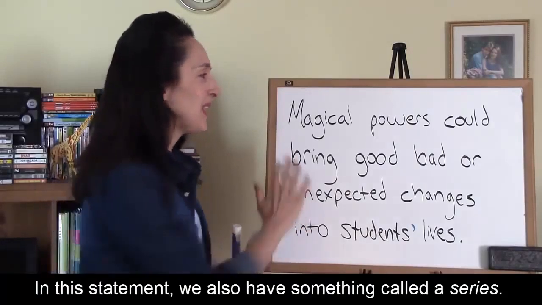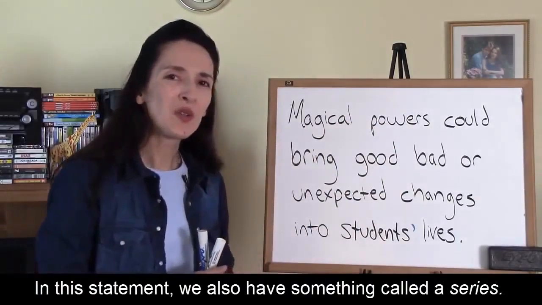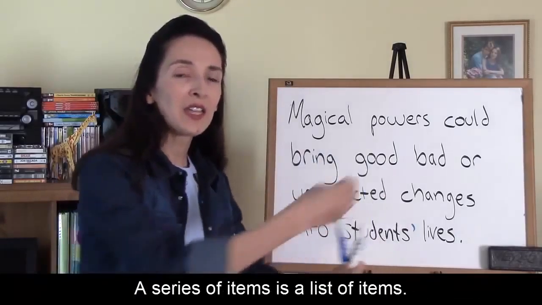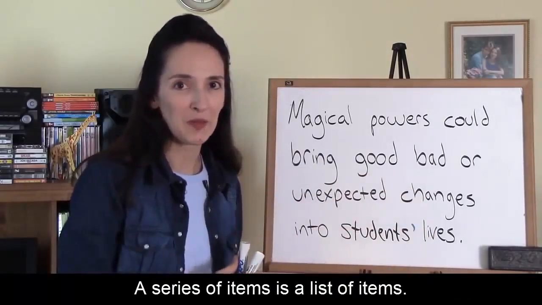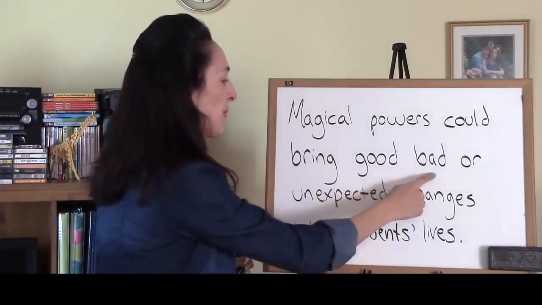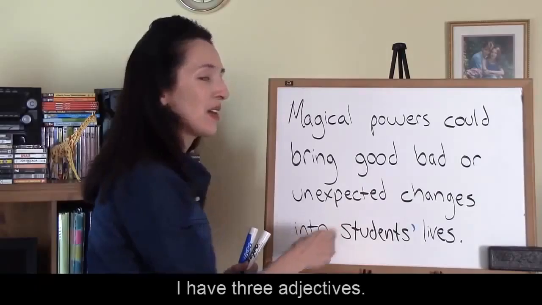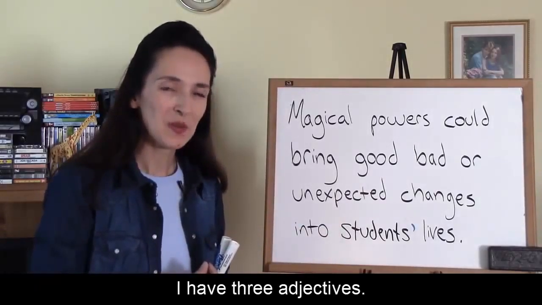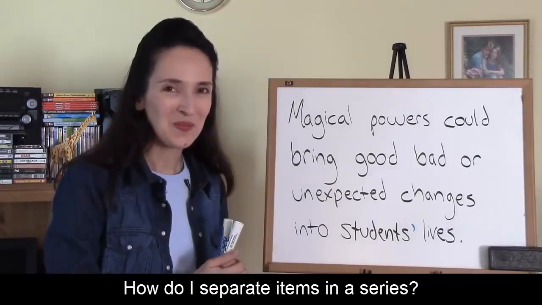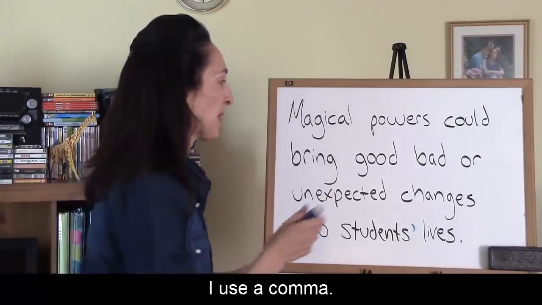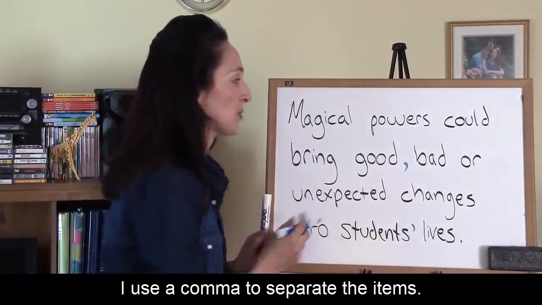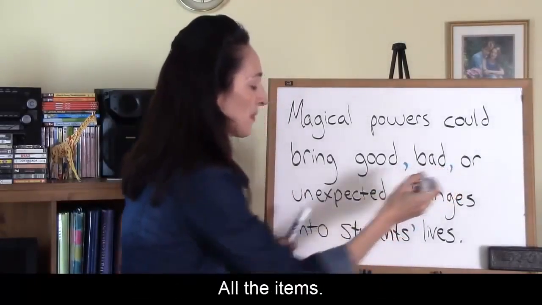Okay? Now, in this statement, we also have something called a series. A series of items is a list of items, more than two. Good, bad, unexpected. I have three adjectives. How do I separate items in a series? I use a comma. I use a comma to separate the items, all the items.